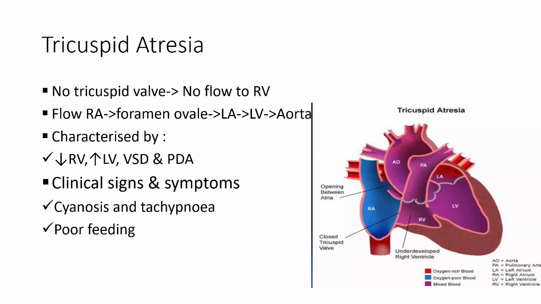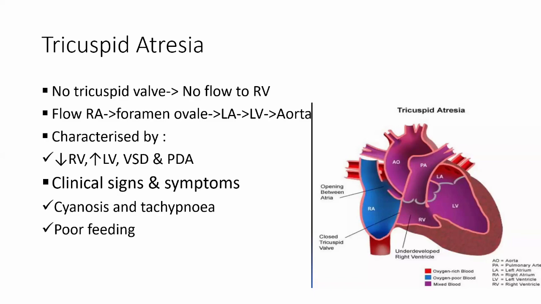There's usually a flow from the right atrium through the foramen ovale to the left atrium, and then the left ventricle, and then to the aorta. Sometimes there can be a VSD or PDA for the pulmonary arteries to receive blood, obviously for survival.